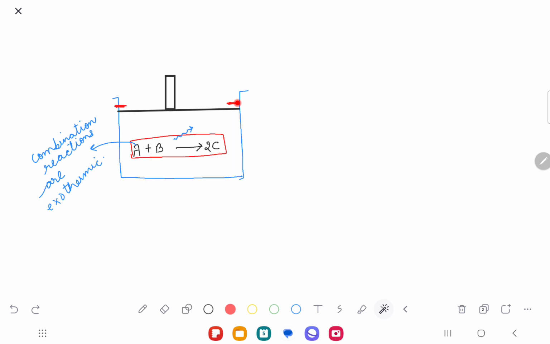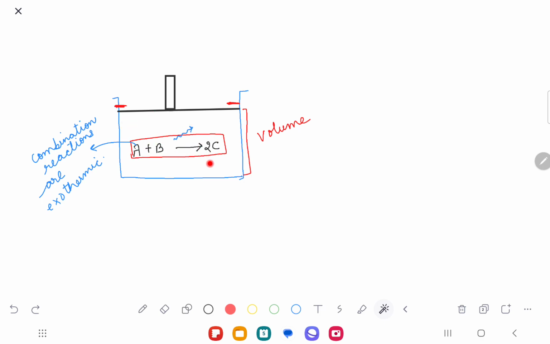It means that no more amount of heat would be allowed to escape this beaker, one thing. And second thing, the volume is kept constant. The volume is not allowed to change. So whenever the heat is released at constant volume, because obviously, when the heat is released, the gases might want to expand. But we are not allowing the expansion of the beaker.